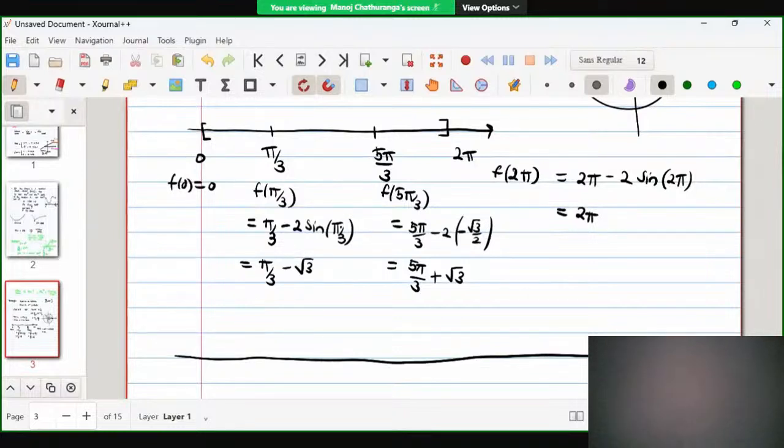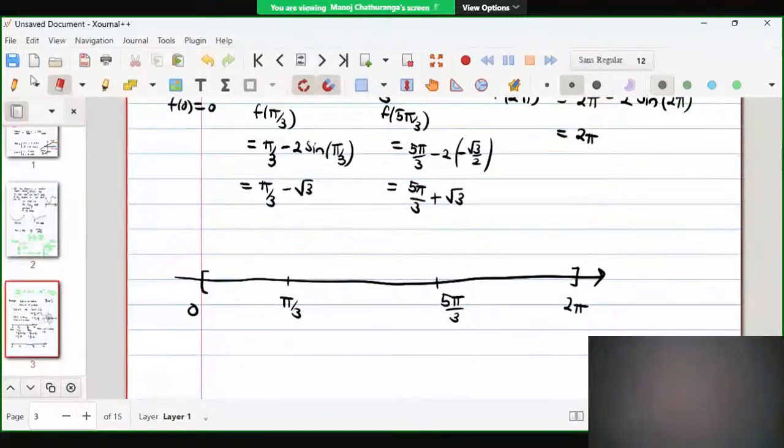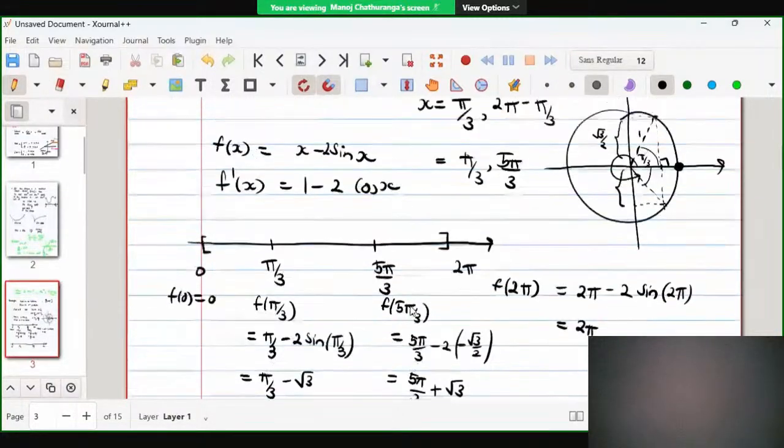Let me take the same 4 points and see whether I can identify the nature of these critical points.